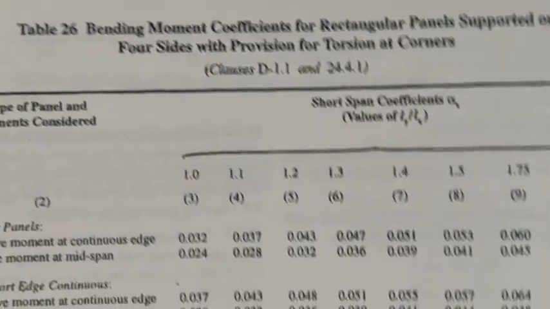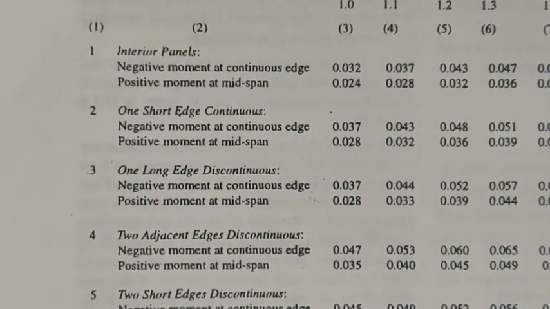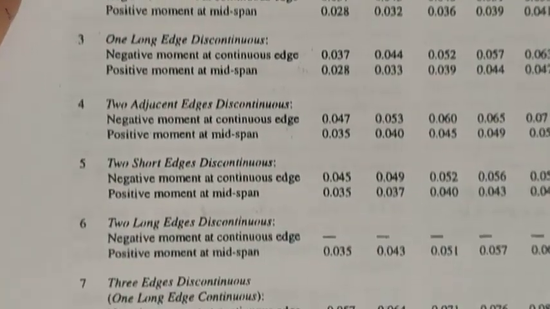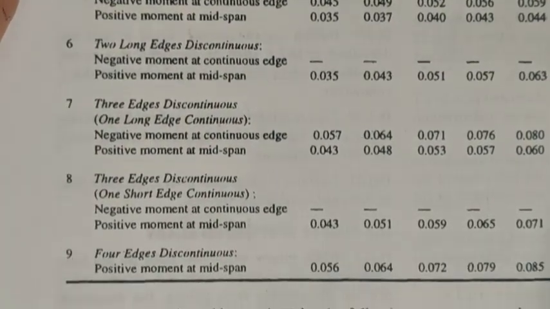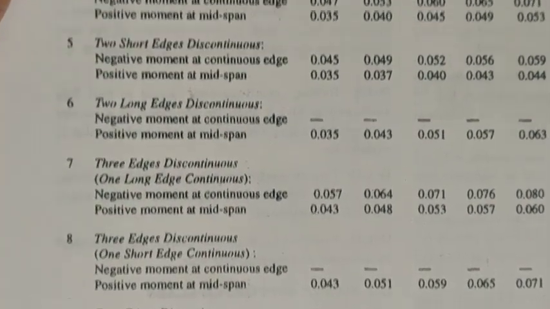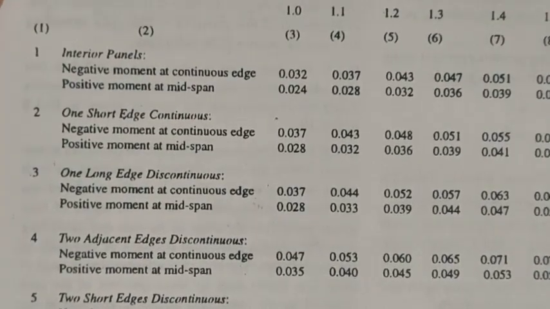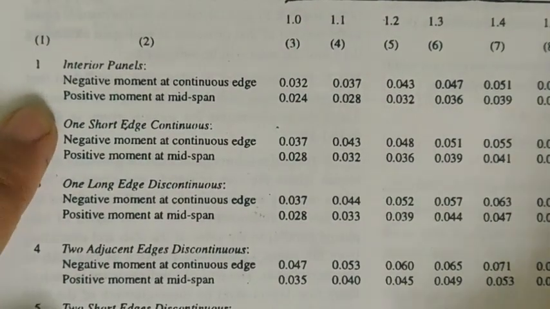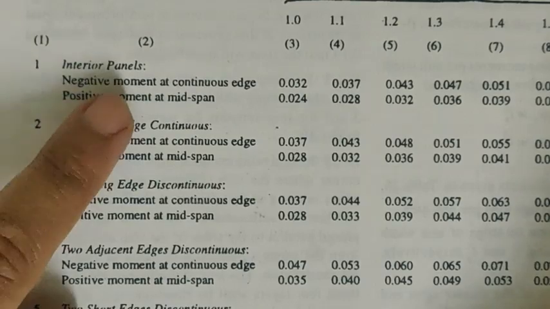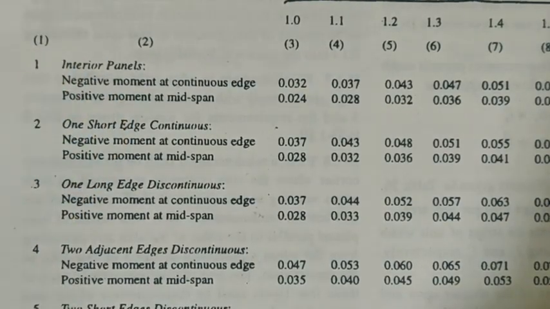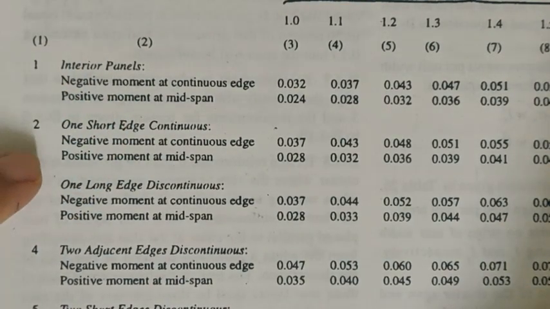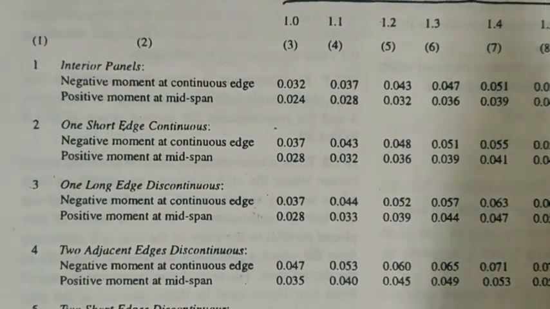Now in this particular table, the slabs are divided into 9 categories. Look at the first category. It says that it is an interior panel. Then it says one short edge. This is wrong.